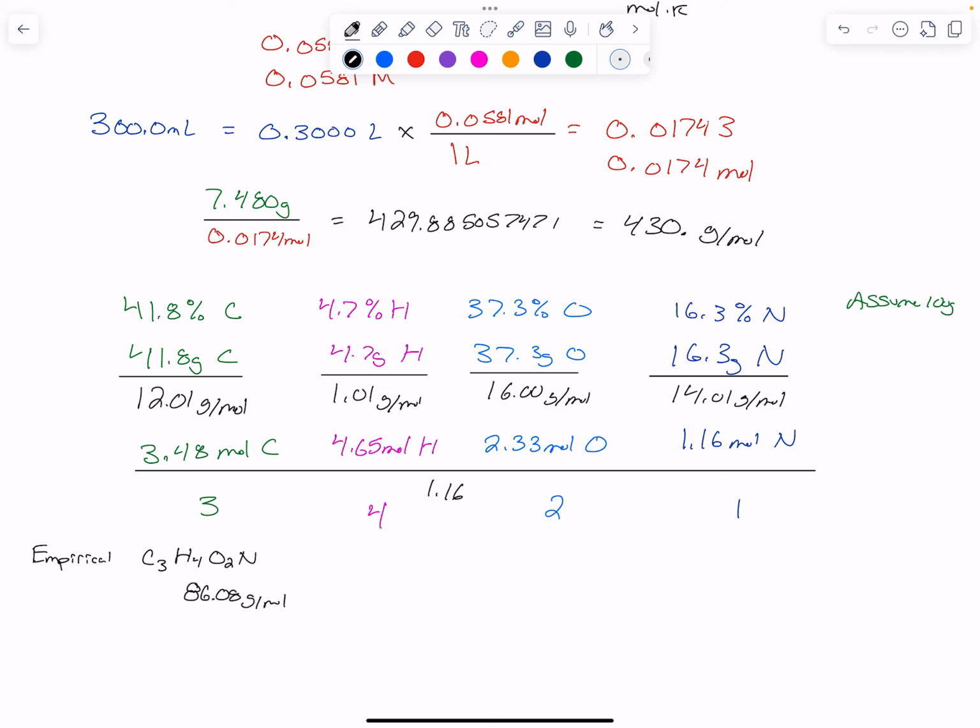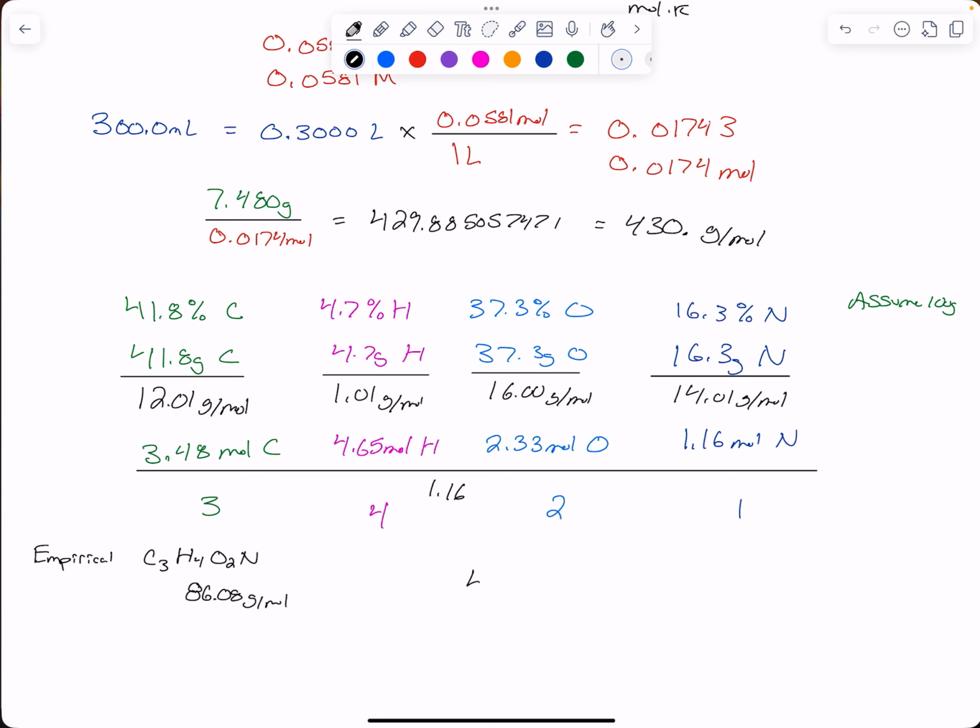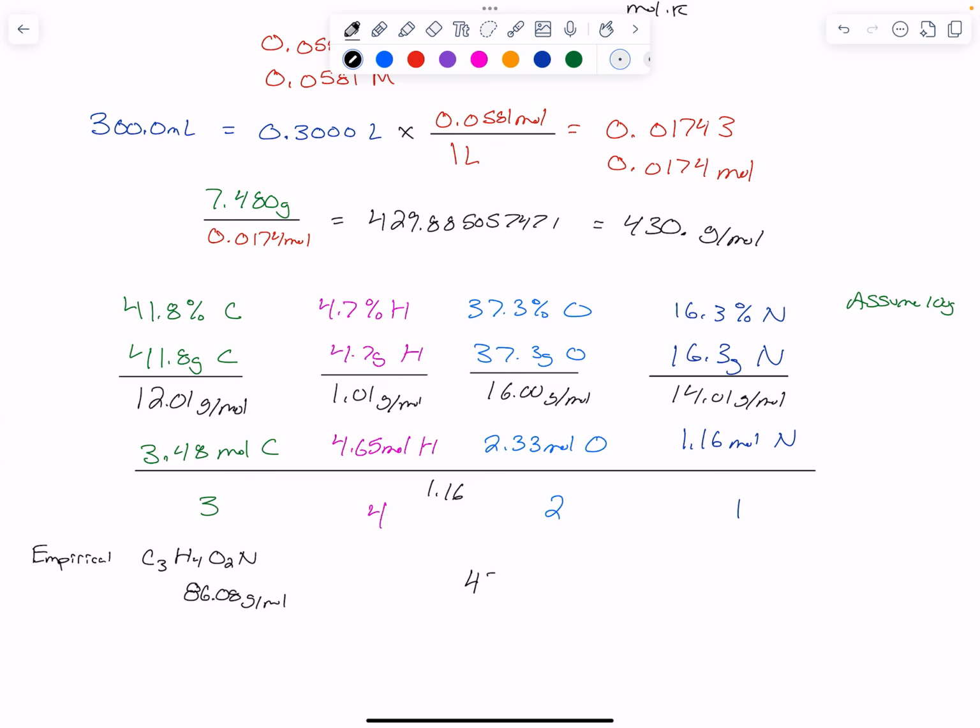Now, we found out our molecular compound has a molar mass of 430 grams per mole. So if I divide that by the 86.08, we would get what? 430 divided by 86.08, I get 4.995, which is 5.